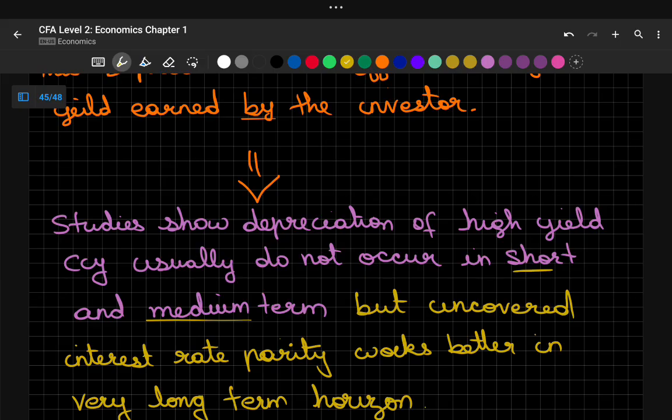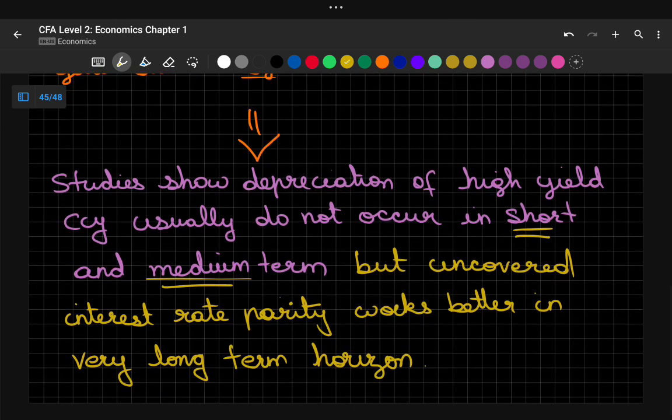But that's actually not true, right? We have seen that in short term, investors do make profit by investing in countries having higher interest rate. But as per uncovered interest rate parity condition, in very long term horizon, the change in spot exchange rate will offset the higher interest rate offered by any currency. Okay.